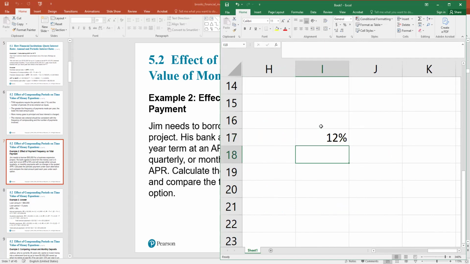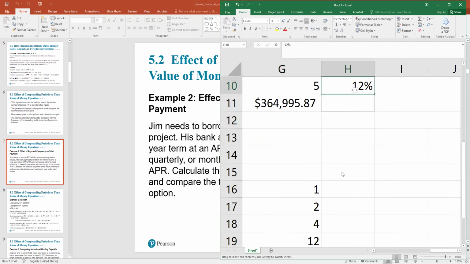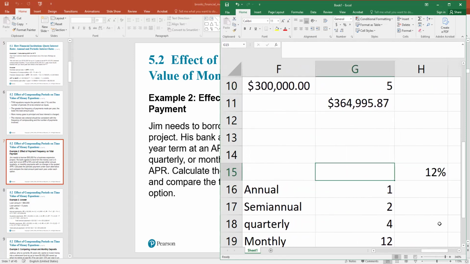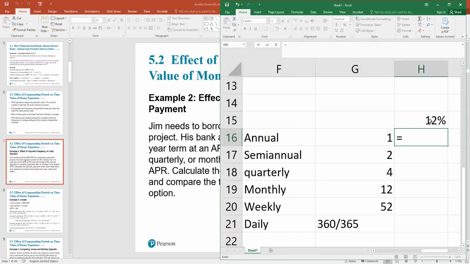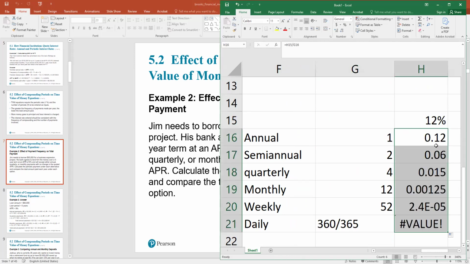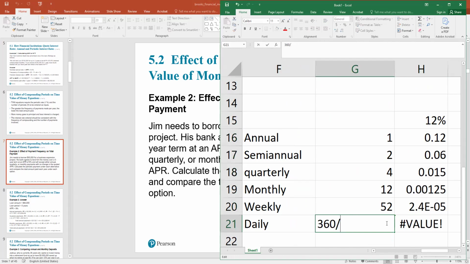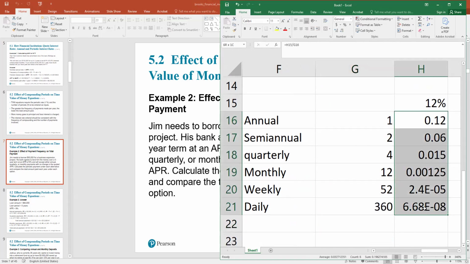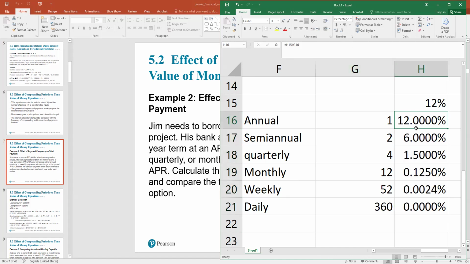Then annual is basically 12 divided by 1, semi-annual is 6%, quarterly 3%, and monthly 1%.